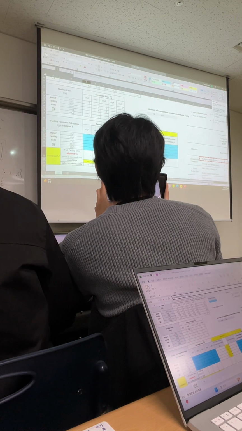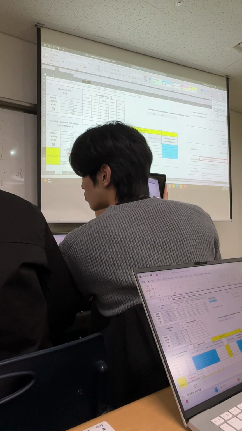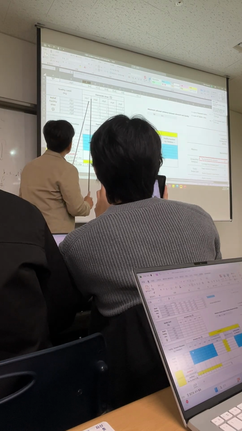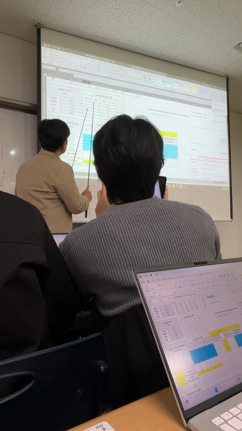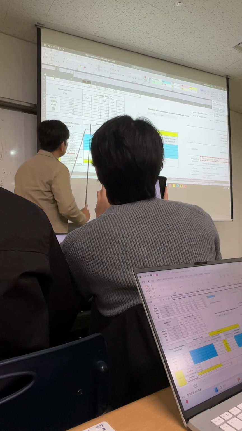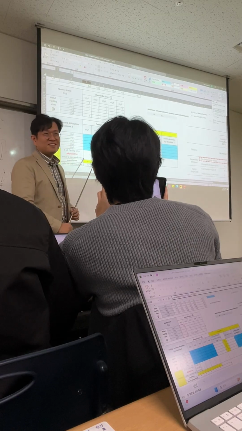Menu sum product, isn't it? The sum product is multiplication of this one and this one plus multiplication of this one, this one, this one. Why do we need it?